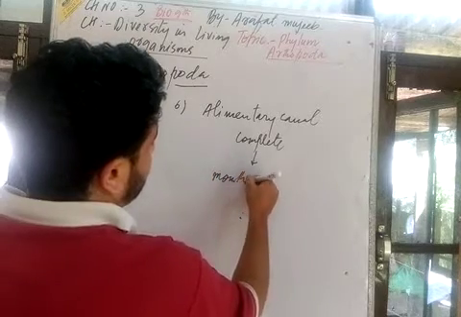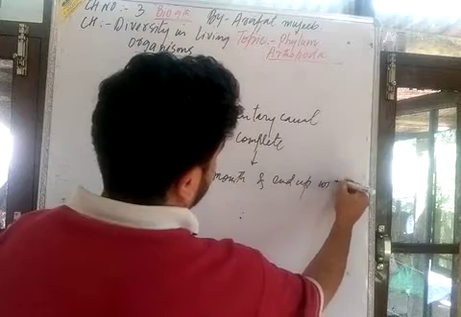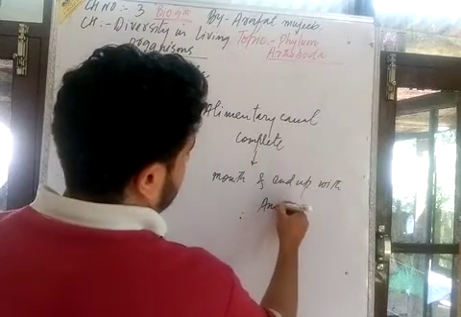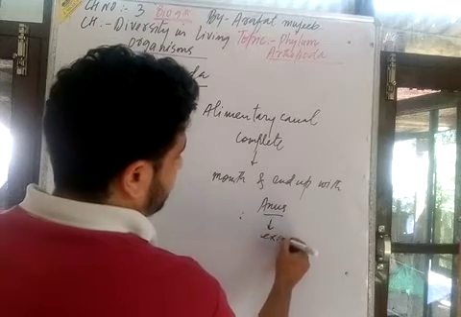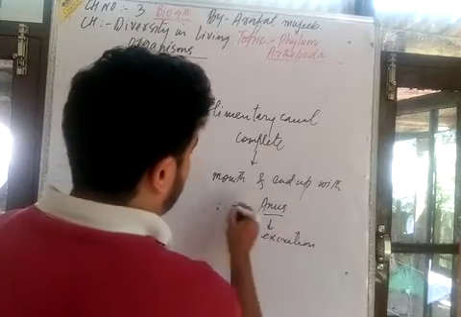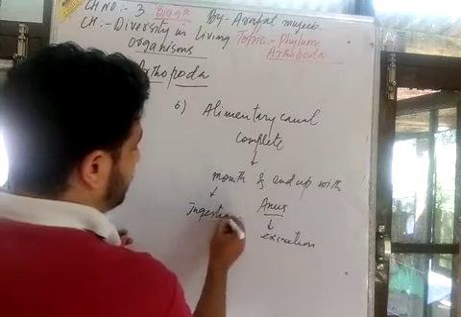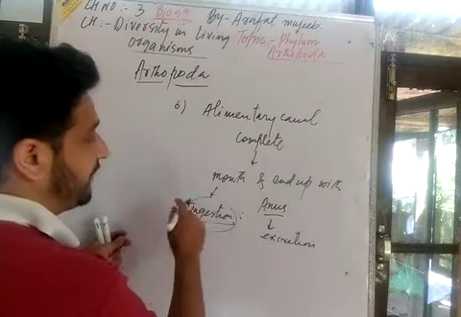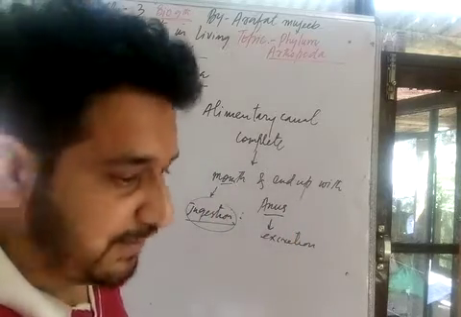It started with the mouth and ends up with the anus. Anus is the opening where there is a process of excretion, जहाँ से there is a removal of waste, and at the mouth there is ingestion of food. Food को लेते हैं. They feed upon the food with the help of the mouth part, and the anus is the opening.